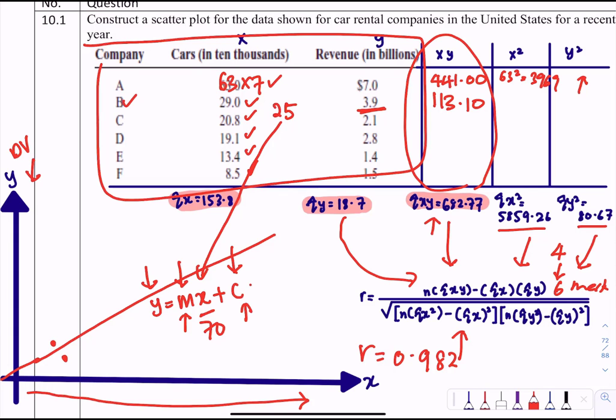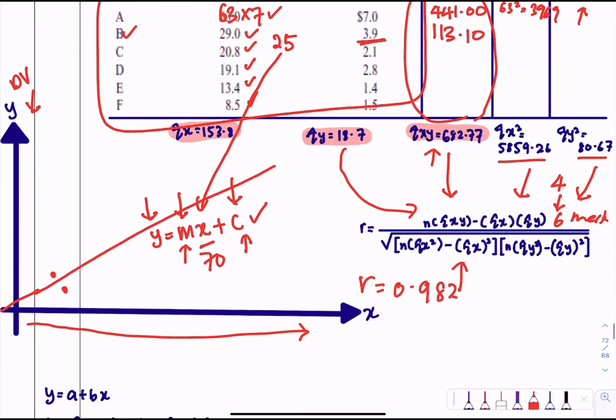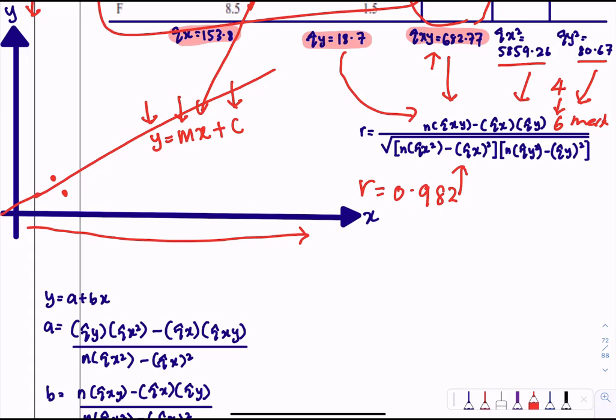First of all, if you want to find this equation line, you need to find the M and also the C. But differently, for your degree here, you do not use the similar equation, but it's not really different, because here we have y equals bx plus a. The A is equal to C, B is equal to M. You need to find the equation first before you can have a prediction.